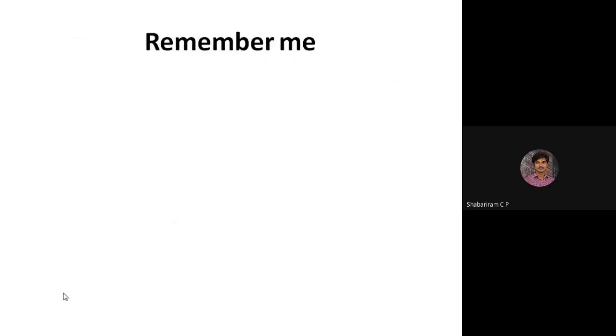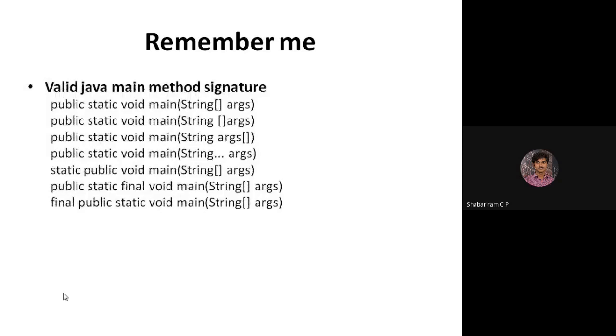Okay, please remember, these are all valid Java main method signatures. The first three are very common: public static void main. I have changed the subscript notation. So subscript nearer to class, subscript nearer to object, subscript at the end of the object. In the fourth line, I have used a variable argument using triple dot.